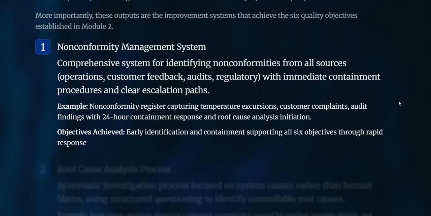An example is a nonconformity register, capturing temperature excursions in our case, customer complaints, and audit findings, with 24 hours containment response and root cause analysis initiation. Objectives achieved include identification and containment supporting all objectives through rapid response.